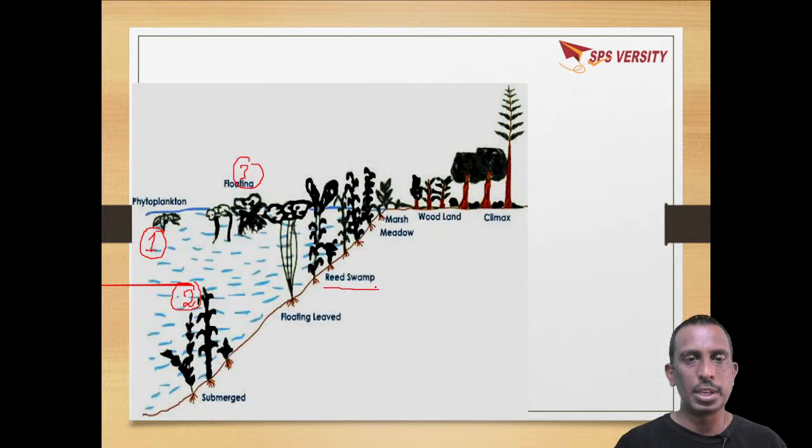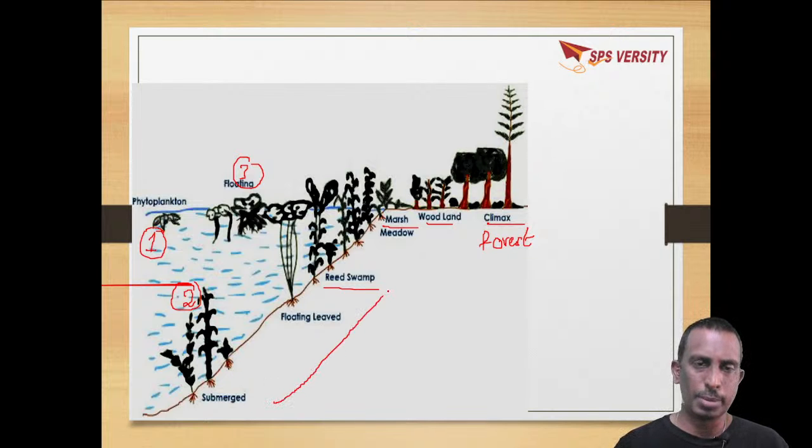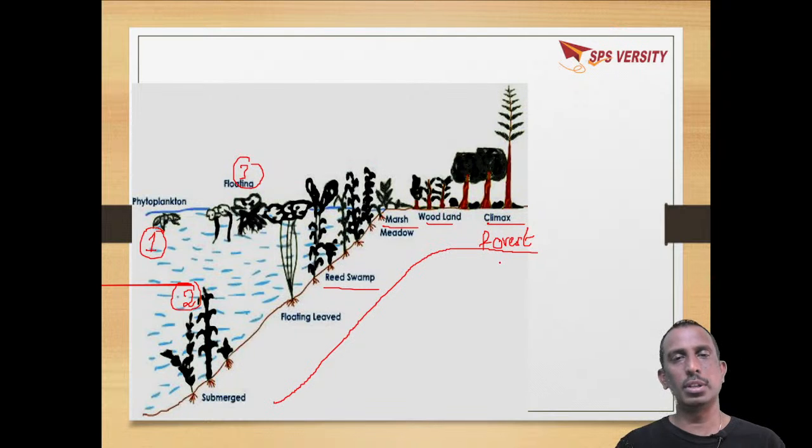Reed swamp stage, marsh meadow stage, woodland stage, the scrub stage, and the final stage, that is forest, the climax community, which is a mesophytic condition. So gradually you can see there is a migration of these communities from water to land.